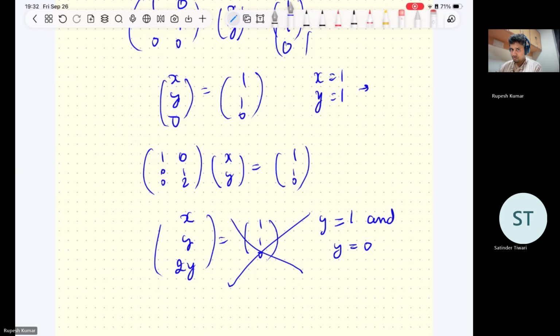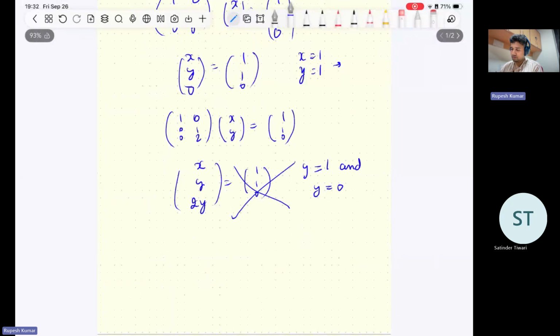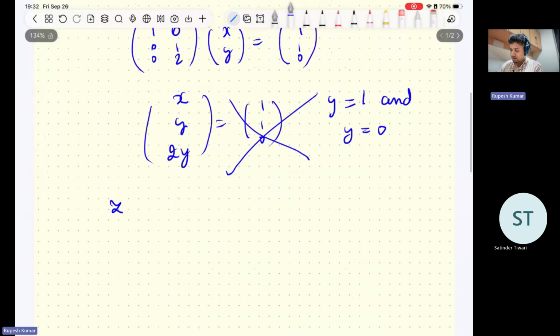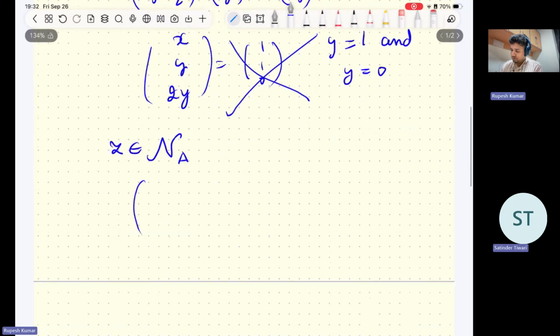Fine. But why did this happen? How can we identify if a solution will exist or not? Let's say we have a set of vectors Z such that Z belongs to the null space of matrix A. Now our matrix was 1 0 0, 0 1 2.